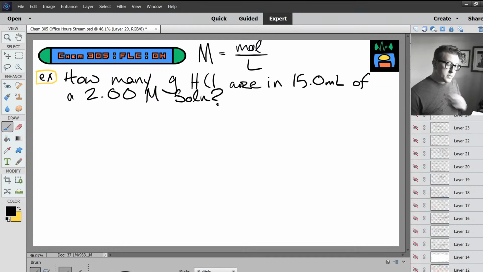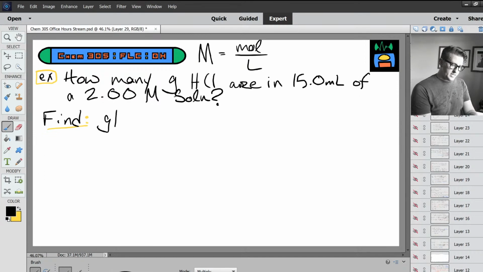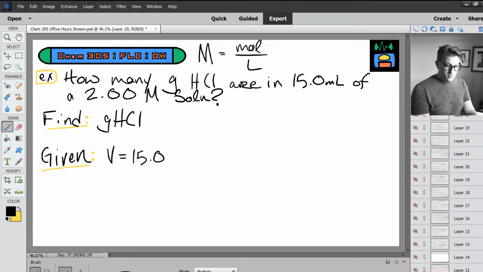All right, now you'll notice something here. This problem is a little bit different. We're being asked to find the grams of HCl. Now let's look at what we're given. So we're given a volume, 15.0 milliliters.